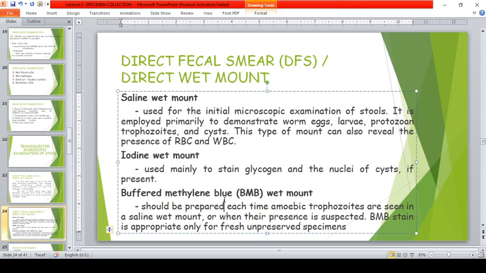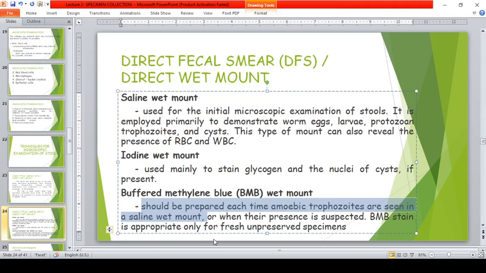So BMB should be prepared each time amoebic trophozoites are seen in saline wet mount, but guys, take note that it depends on the laboratory protocol. Kasi merong naman kapag nakita mo, report mo na agad without performing BMB. Or when their presence is suspected.